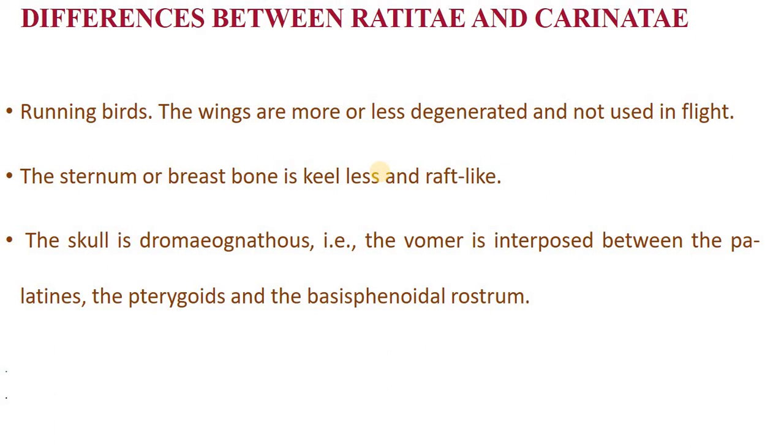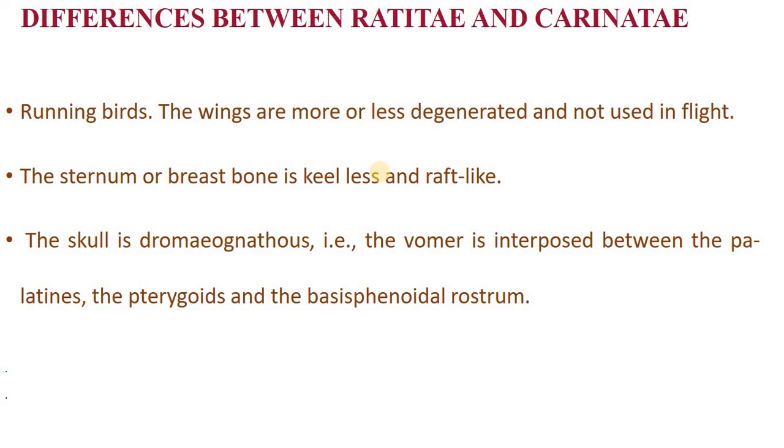So Ratitae, the birds are discontinuous. What is the meaning of discontinuous? That means the birds are found in only particular confined areas. Like for example, they are found in New Zealand or found in Australia. So they are not cosmopolitan in distribution, unlike the Carinatae.